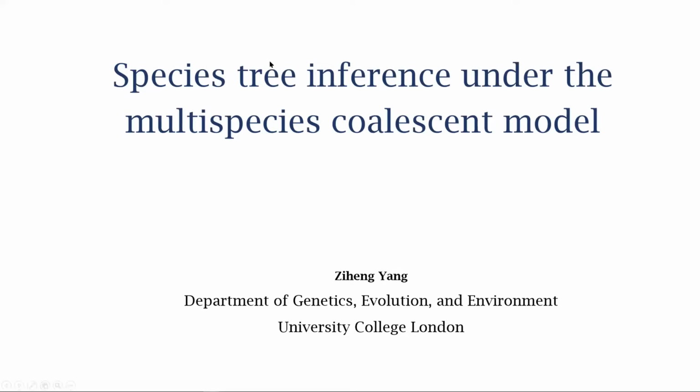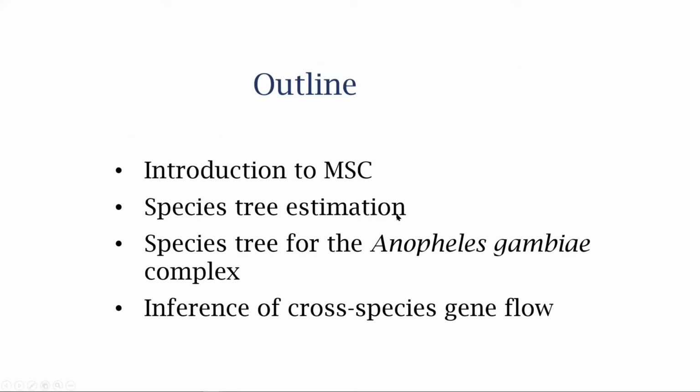So here's going to be my plan. I'll just give you a very brief introduction to the multi-species coalescent. This has many applications, but today I'll mostly focus on its use to infer species trees.